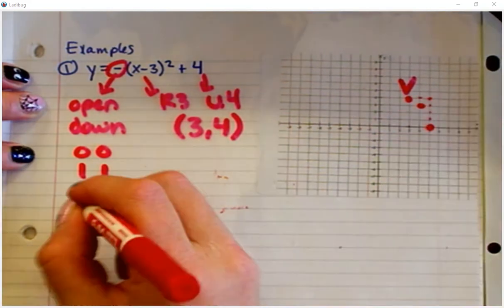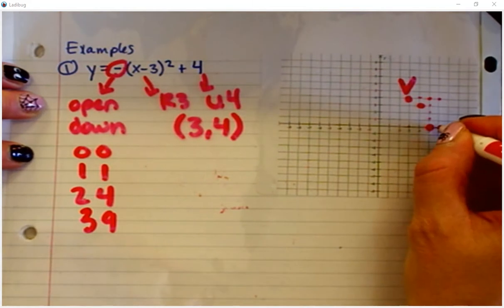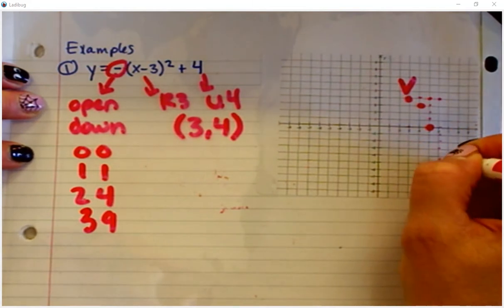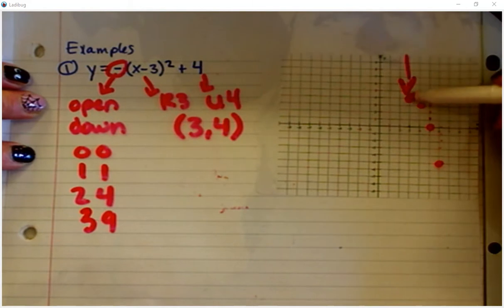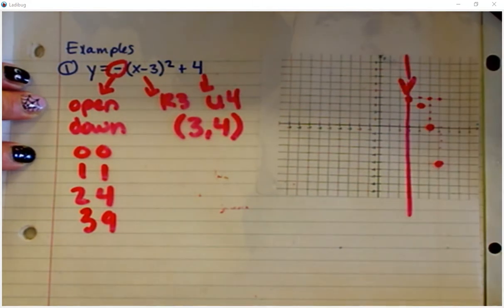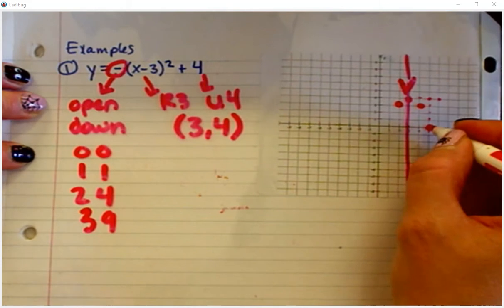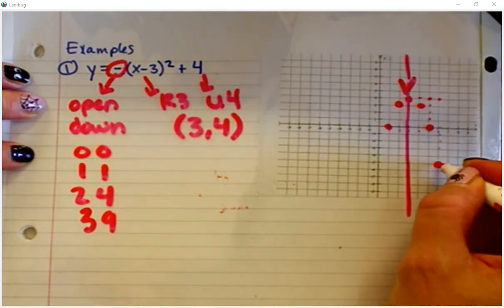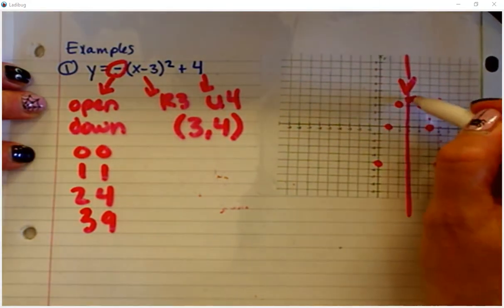I could continue and go right 3, down 4, 5, 6, 7, 8, 9. There is some symmetry right down the middle, and I could use that to reflect the other points so that I have, in this case, 6 whole points.